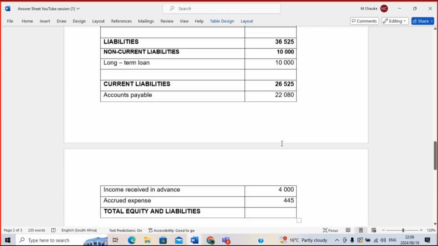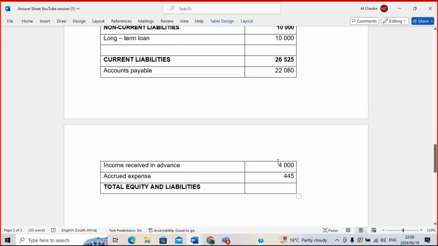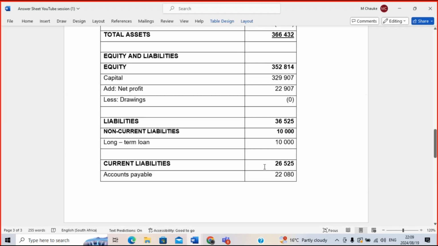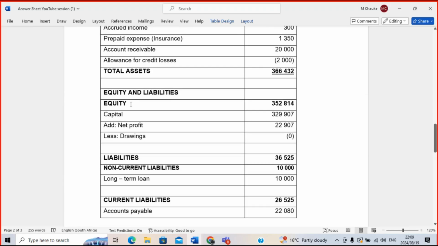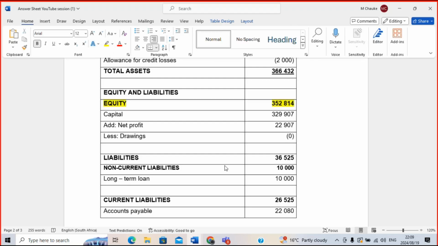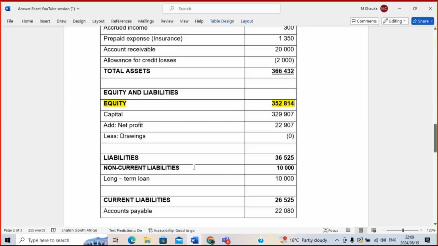How much is your total equity and liabilities? Still waiting there. Remember, you have to say equity plus liabilities there.